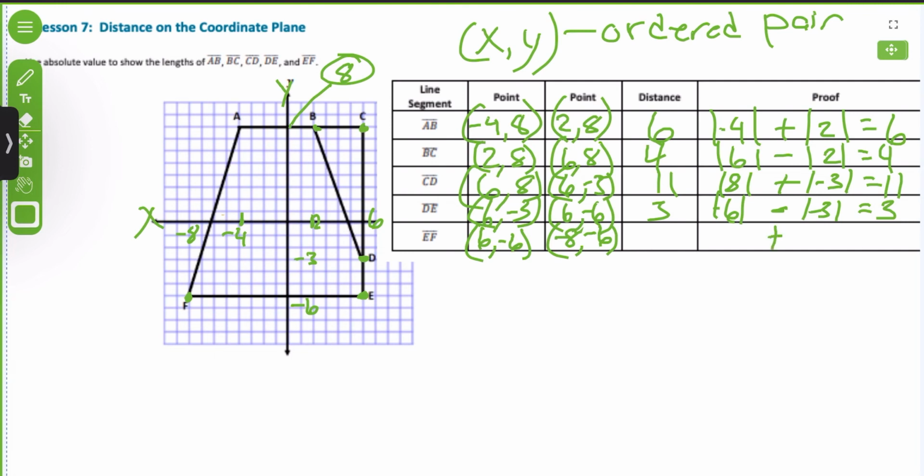If you cross an axis, you add. What are we going to add? -8. Is it -6? It's just 6. Does it matter? No, because we're doing absolute value. But let's make sure we're putting the right points on there. And that would be 14. There you go. That is complete.